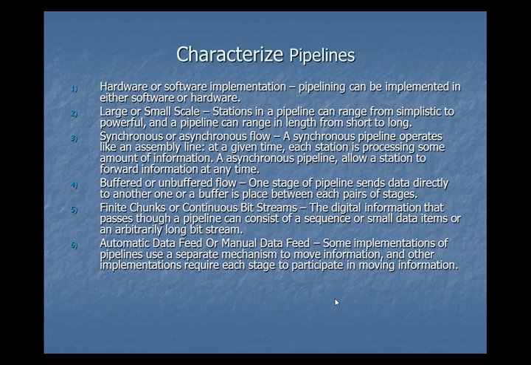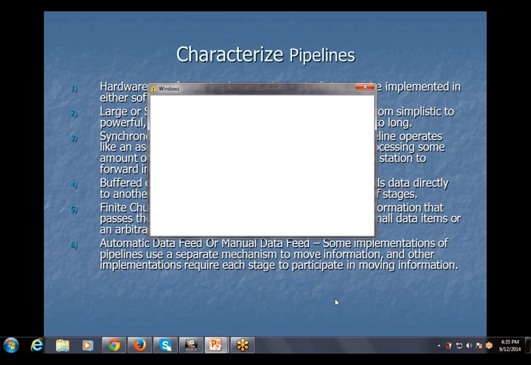That is, we can divide the pipelining task into multiple chunks, or finite chunks. Chunks means parts, finite means there is an exact figure. Or we can also divide the pipelining into a continuous bit stream like zeros and ones, that is, in digital format.